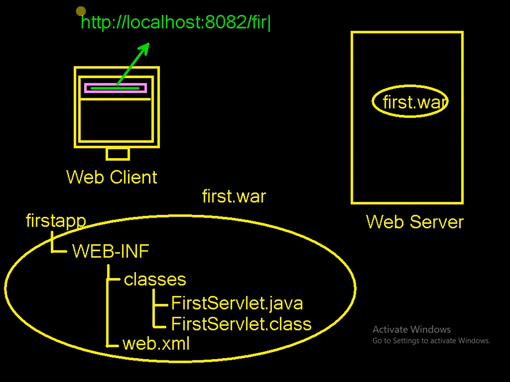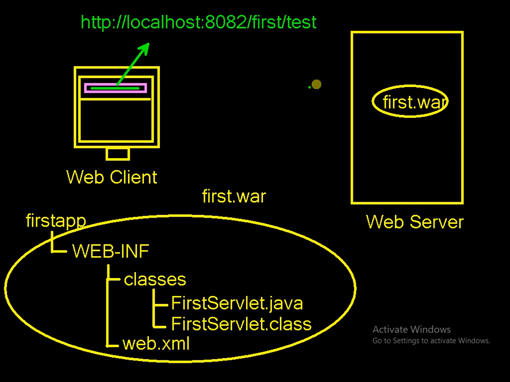After that, you have to write the war file name, for example, first. After that, the URL pattern of the Servlet in web.xml. Whatever we are going to write there, you have to write here. So I am going to write test in web.xml. Okay.